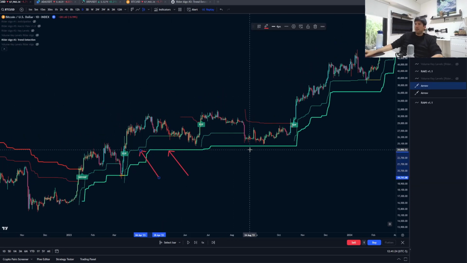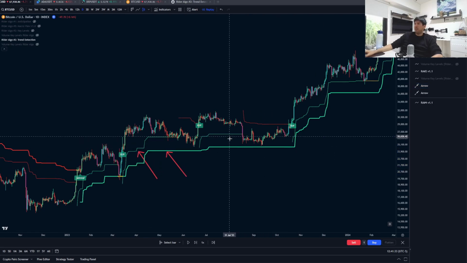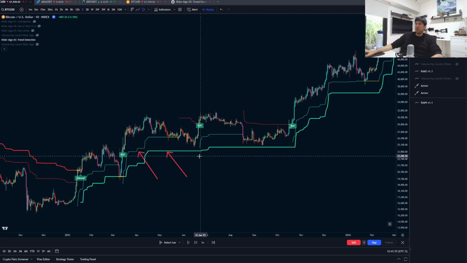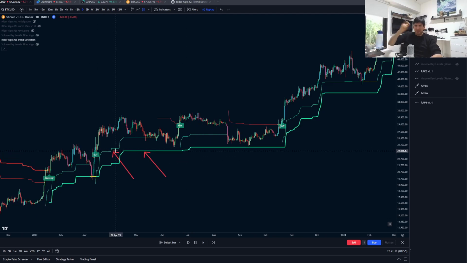The thicker line appears when an uptrend signal appears, and if it is broken, meaning the price goes down below this line and starts trading below, then it will shift bearish. It will flip red. So the thick line is more like a medium to long-term trend support, and this thinner line is like a faster trend change. If you want to make more trades, you can use this one.